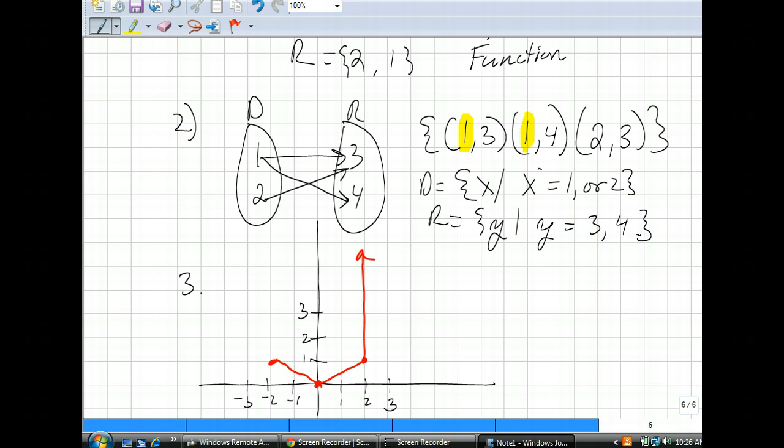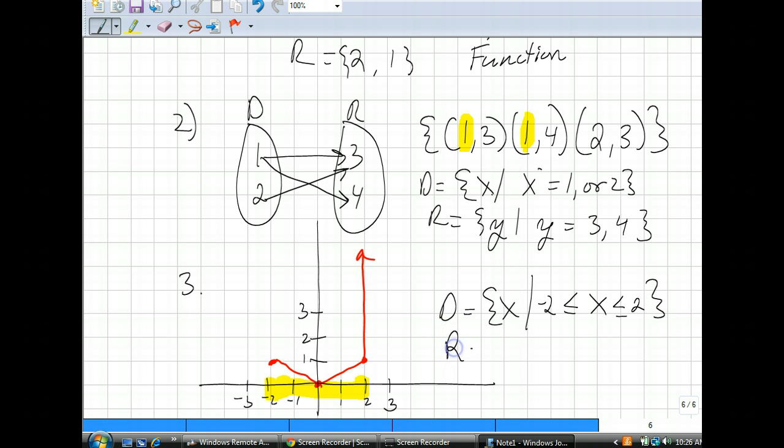Okay? Now in this graph, my x values, which are my domain values, run from -2 to 2. So those are my x values. So my domain is all x such that x is between those two numbers. So x is greater than or equal to -2, but less than or equal to 2.